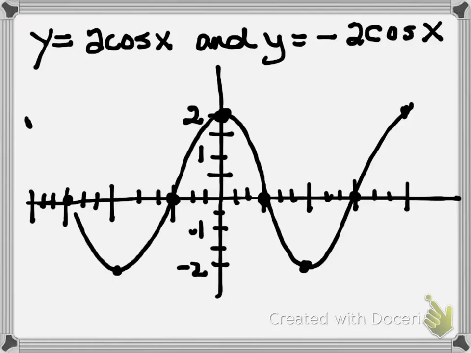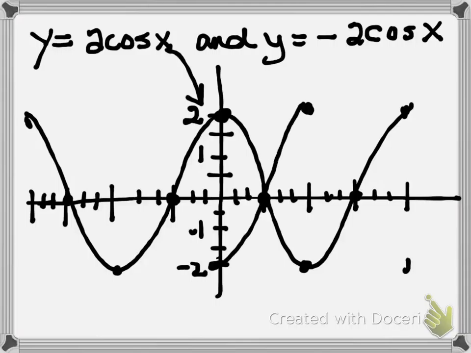Now, negative 2 means that instead of starting at positive 2, we're starting the cosine graph at negative 2. So we're starting at negative 2, and then we're going to 0, then to positive 2, then 0, then negative 2.